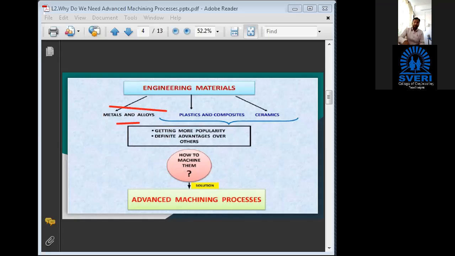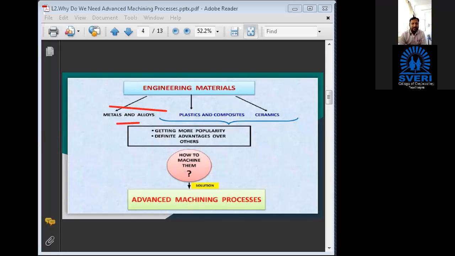Now when your workpiece itself is made up of a hard material like ceramic, the question arises: which material will you use to machine it? Because in conventional machining, your tool should be harder than your workpiece metal.